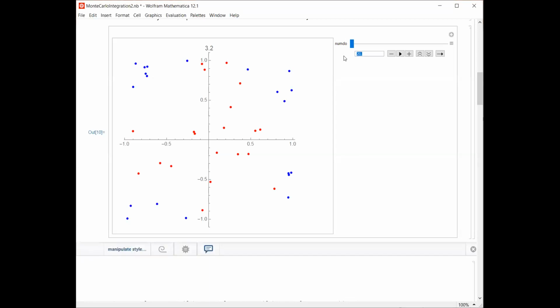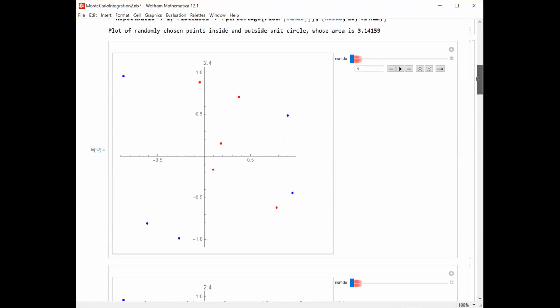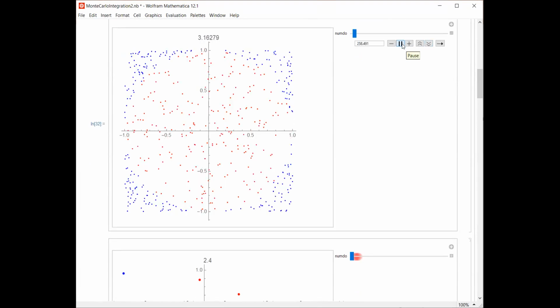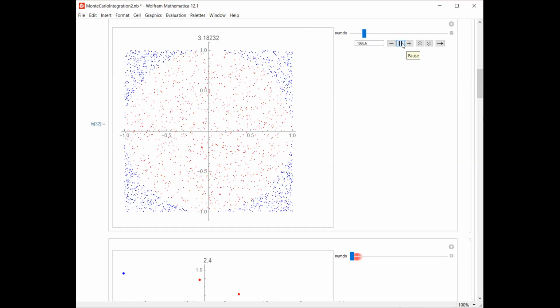If I go down to 5 points, let me try to just play it. Let's see what happens if we add more points. As you can see, as it's adding more and more points, it's filling in, and it's writing at the top the area estimate.